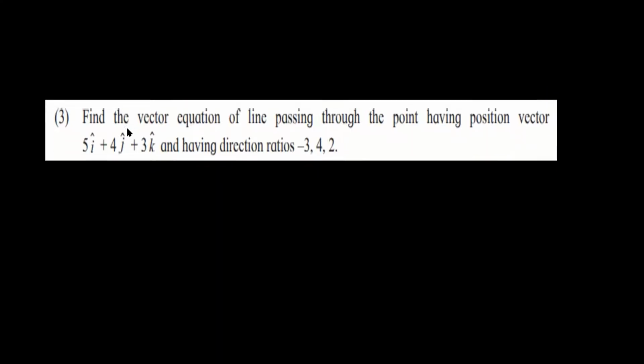We are going to do the third sum now of exercise 6.1. Remember, this is the exercise sum, not the miscellaneous exercise sum. So the third question: find the vector equation of a line passing through the point having position vector 5i plus 4j plus 3k and having direction ratios minus 3, 4 and 2.